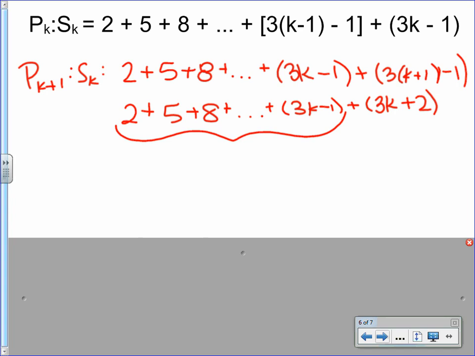Does that look familiar? 2 plus 5 plus 8 plus all the way to 3k minus 1. That's what we started with, right? That was the sum of the first k terms. This is representing the sum of the first k terms. Here's the sum of the first k plus 1 terms. There's one extra term in there. Do you see that? That will be important for tomorrow.